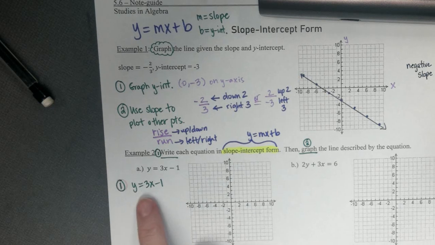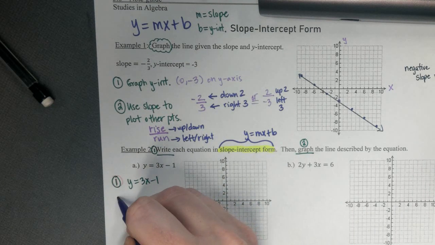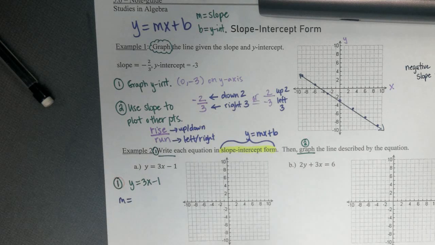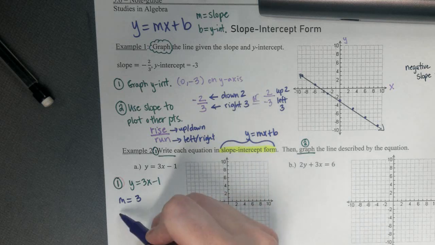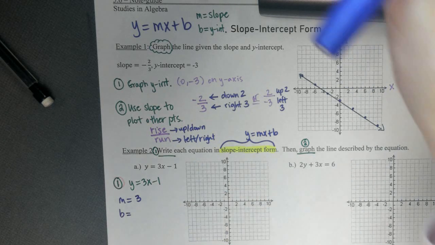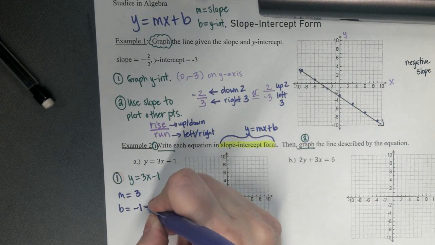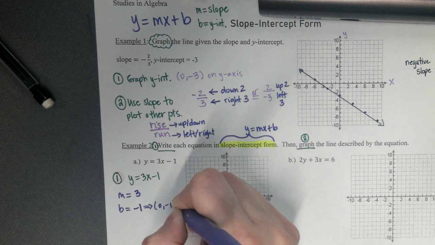Looking at this here, 3, can you tell me what the slope is? Yep. And then Avery, can you tell me what the y-intercept is? What's your y-intercept, or your b value? Yep. So if b is -1, that is the point 0, -1.